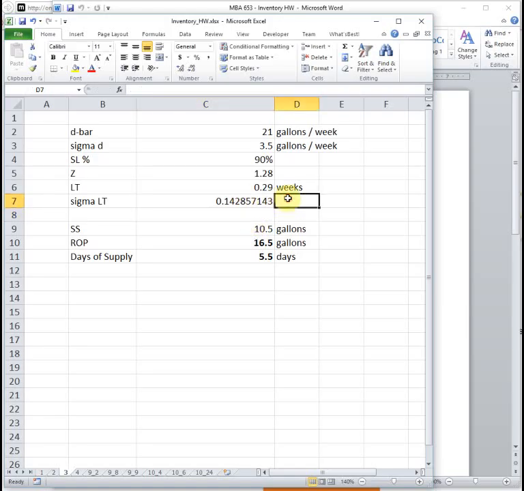If that existed, look what it does to our safety stock. It went up from 2 gallons to 5 gallons. So we can benefit from a lead time with no variability. When you work with your suppliers and can reduce variability, you can reduce the amount of safety stock that you have to carry.